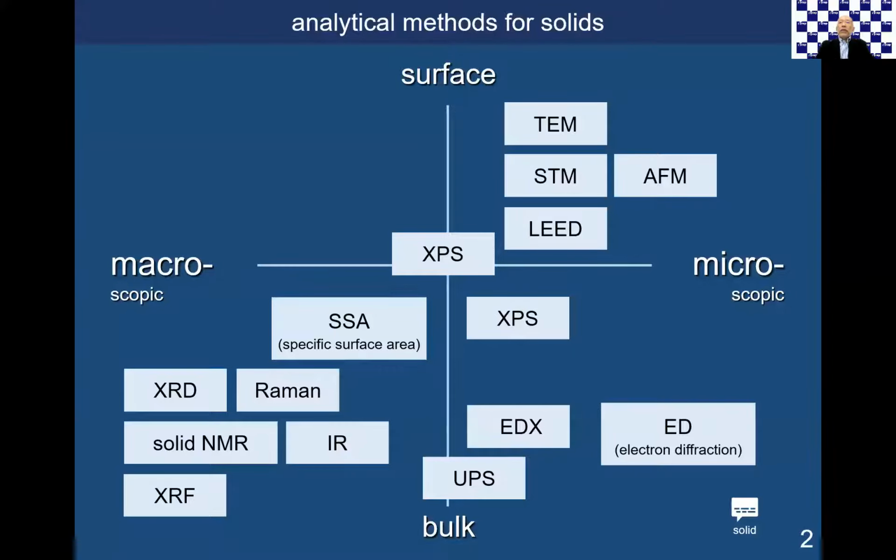So then I will start here. There are many analytical methods for solid materials. If they are categorized by using 2 axes, one is surface and bulk, and the other is macroscopic and microscopic. As you know, XRD is a very powerful technique for characterization of crystalline material, and that is macroscopic.